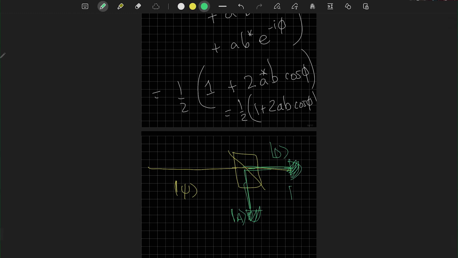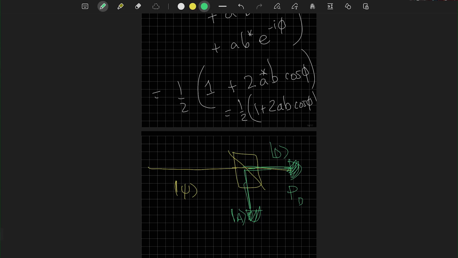I find this P_D, correct? When I find a P_D, I already know A and B from a prior experiment. So I have to do a series of experiments in quantum state modeling. I already know A and B from a prior experiment. Can I use this outcome now to determine phi?